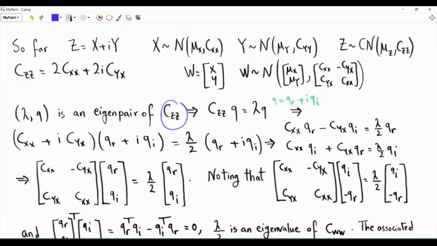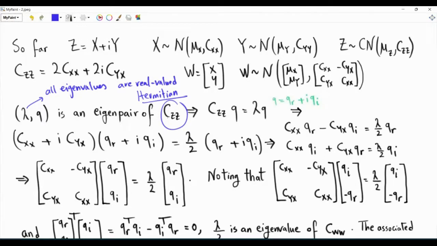Czz is a covariance matrix, and because it is a covariance matrix, it is Hermitian. And because it's Hermitian, all its eigenvalues are real valued. So here, lambda, which is an eigenvalue of Czz, is real valued.